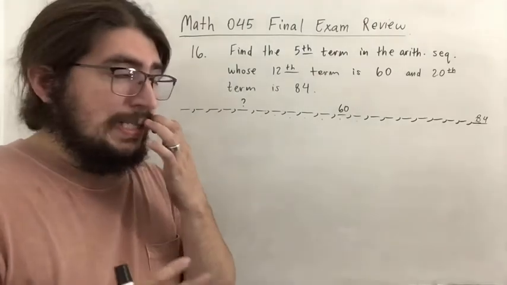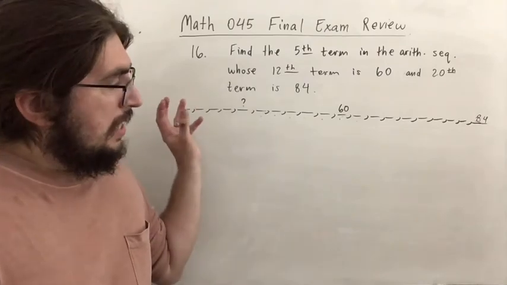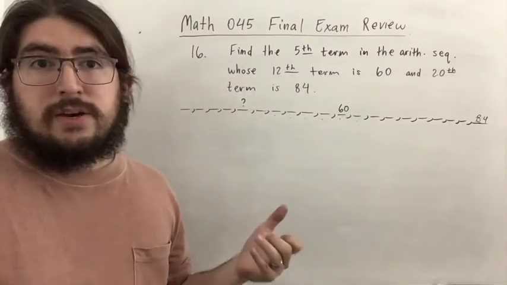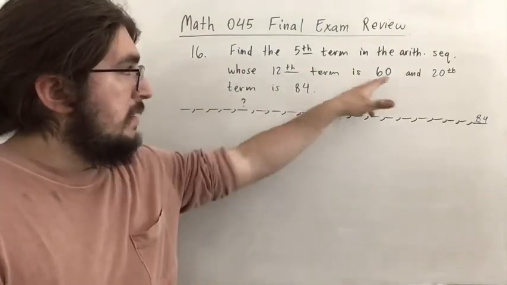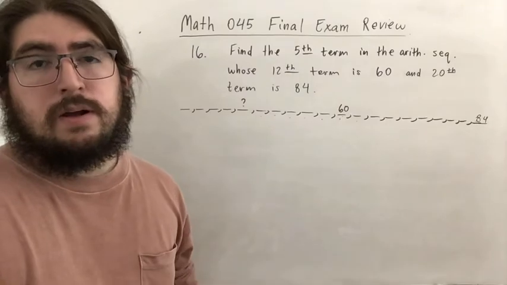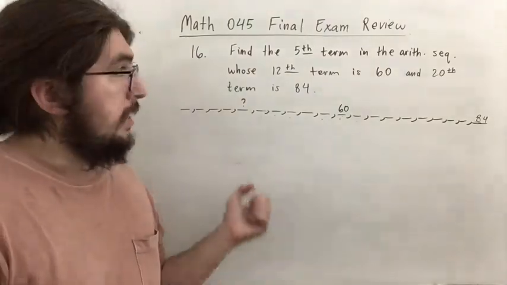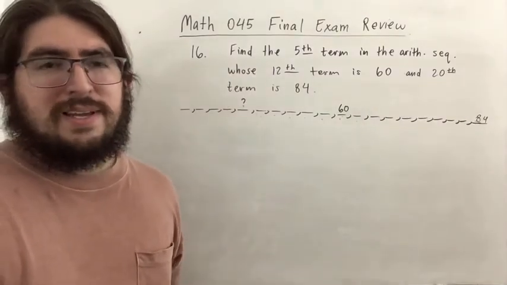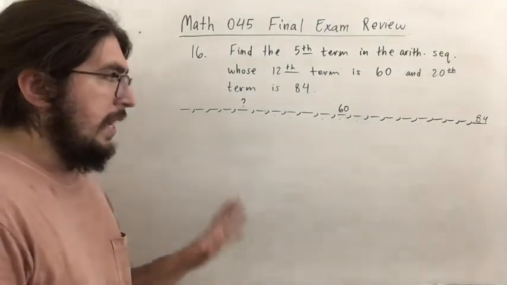So the general term of this arithmetic sequence is a linear equation, and we have 2 points on it: 12, 60 and 20, 84. So you can use those points to find the equation of the line, and then plug in 5 to find the point that corresponds to x equals 5. Believe it or not, that's basically what's going on. And I'm going to show that in a different way after this.